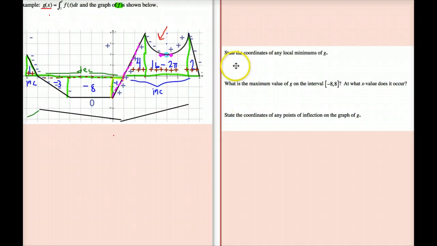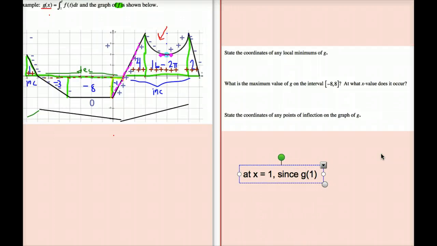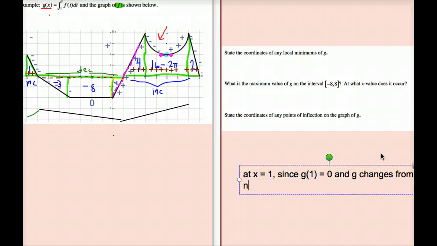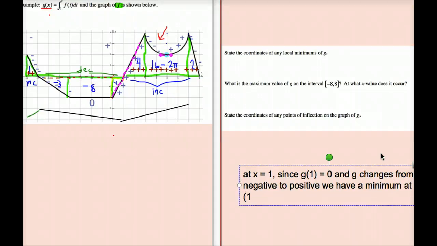So I'm going to type this in. At x is equal to 1, since g of 1 is equal to 0, and g changes from negative to positive, we have a minimum at 1, 0.